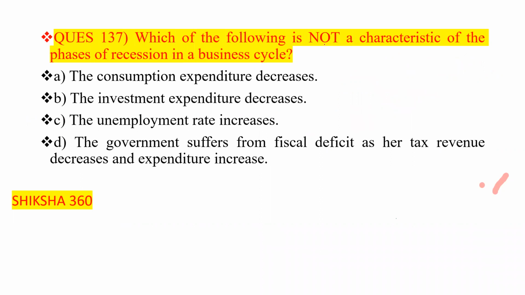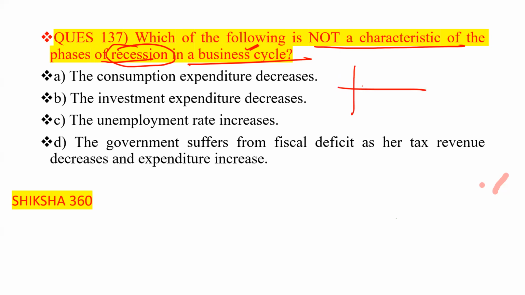Which of the following is not a characteristic of the phase of recession in the business cycle? If we draw the diagram, from this one to this one, we can say that this is a recession.